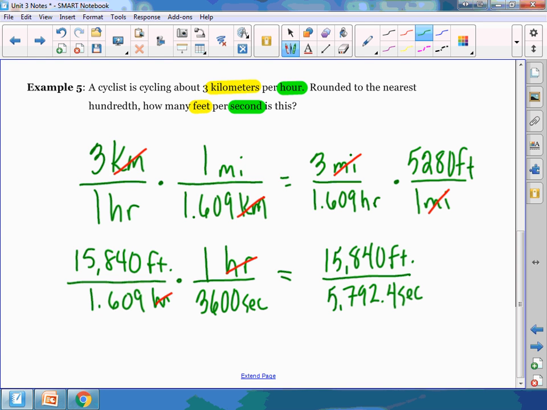One more step. This goes back to the last section where we were converting into a unit rate. What's the unit rate here? Do you have it, Aiden? 2.73 feet per second.